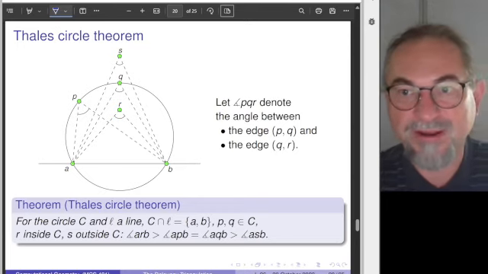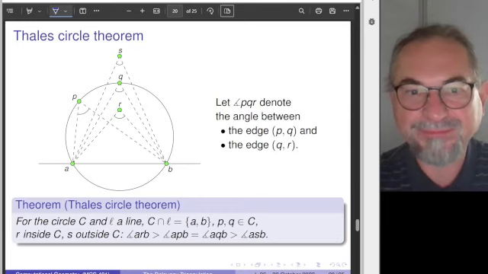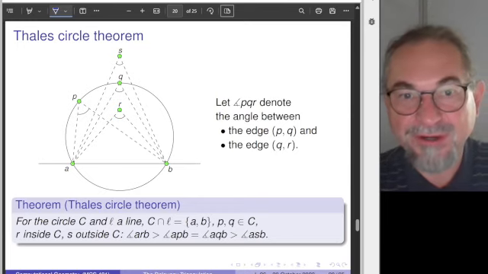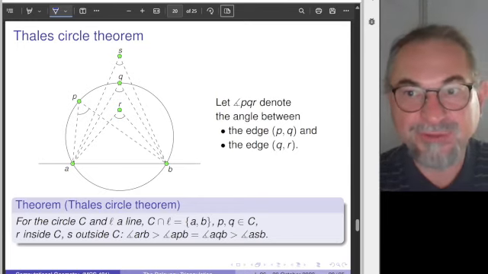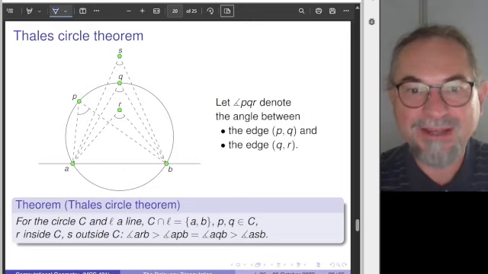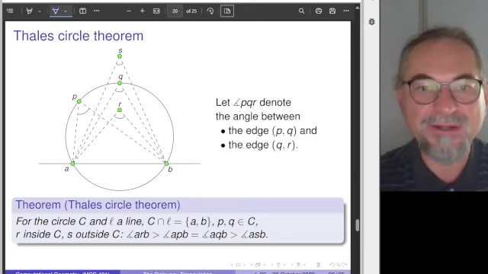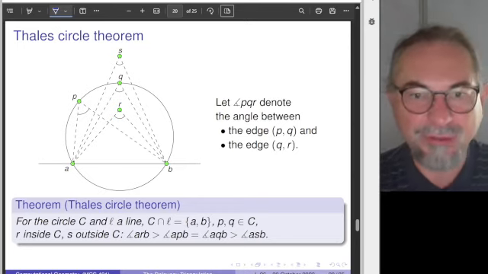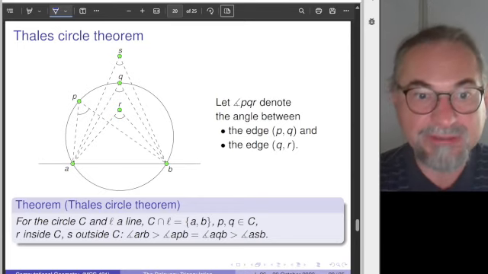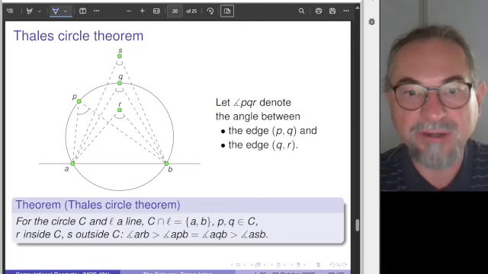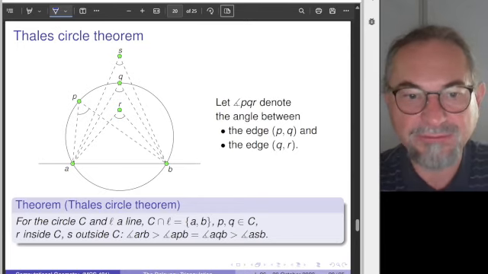Doing this algebraically would be to get the equations of the circle, but this was a theorem of antiquity, and Descartes was not yet born at that time. So you can solve this problem of determining whether a point is inside or outside by comparing angles.